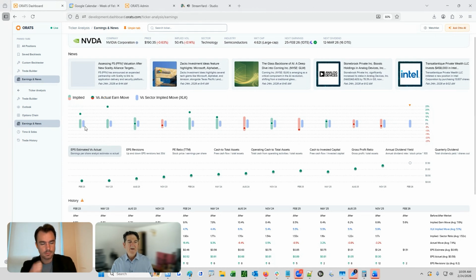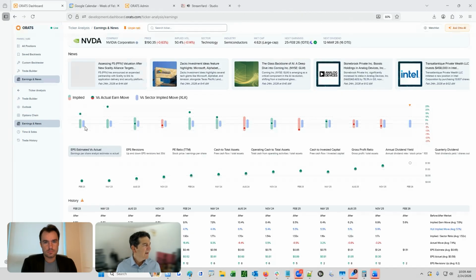And the reason that we added it was you want to know what's going on in the market in general, because oftentimes, if there's a lot going on exogenously, like there is now, you want to know what's going on with other stocks. Is it going to be a very big implied?